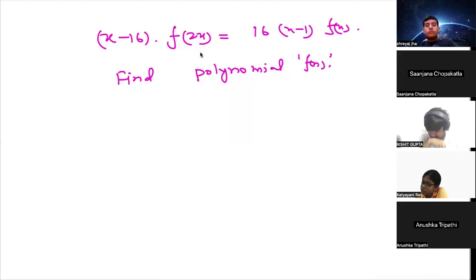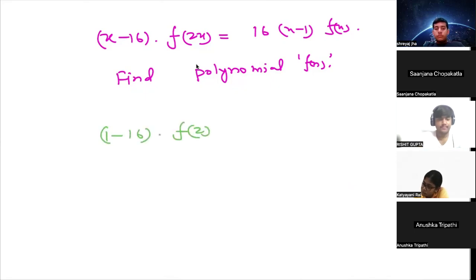Very good. And where will this be 0? What are the points where the function will be 0? Something we have to find. Directly you can see, if you put x equal to 1 on both sides, minus 16 into f of 2 is equal to 16 into 0 into f1.